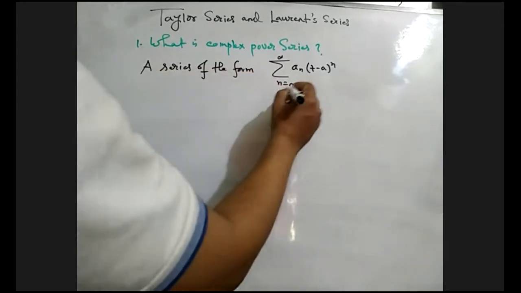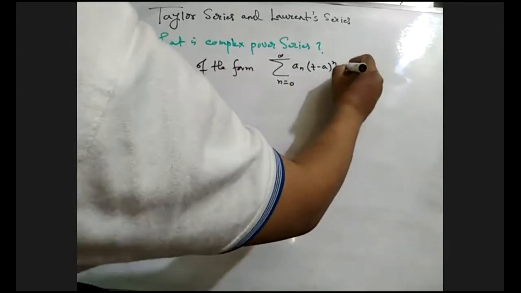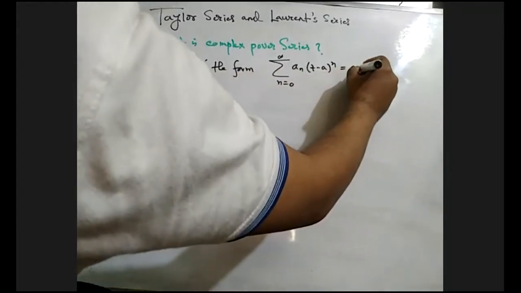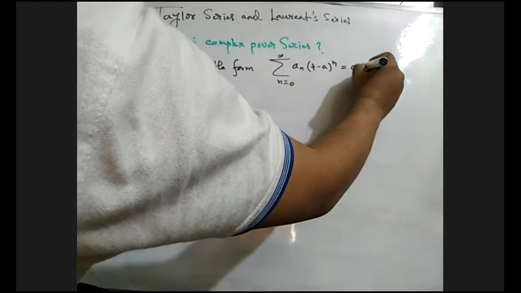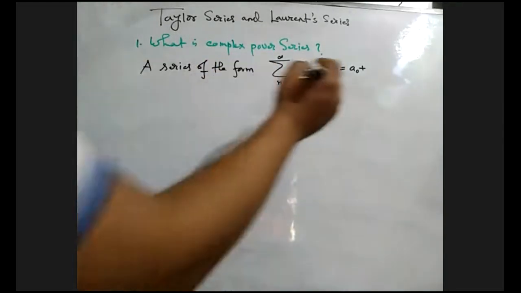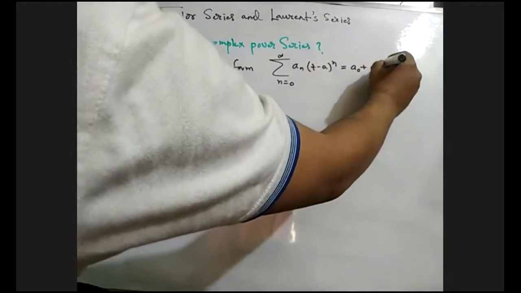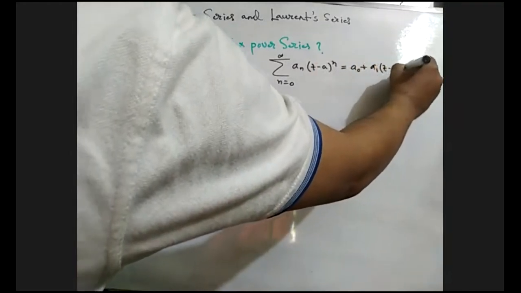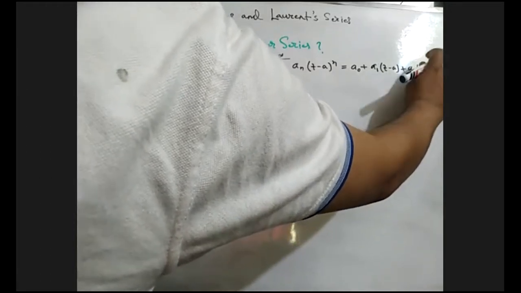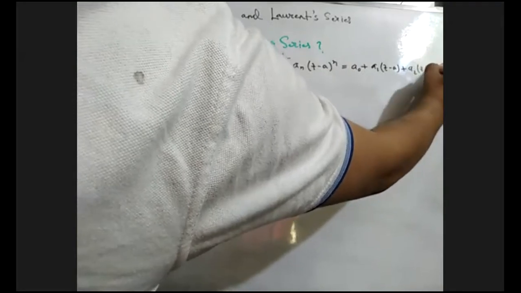This series can be written as: if we put n equals 0, then we get a 0, plus if we put n equals 1, we get a 1 times z minus a. Then for n equals 2, a 2 times z minus a whole square, plus dot dot.